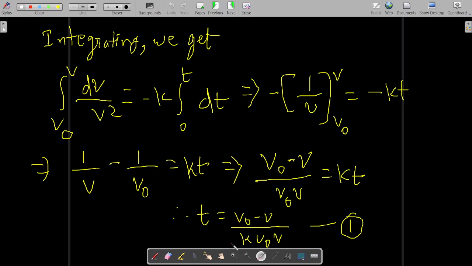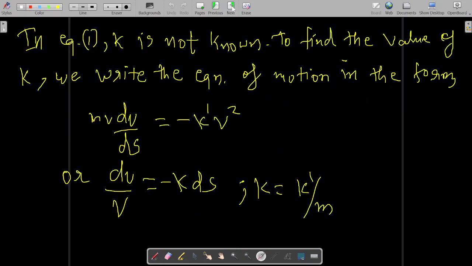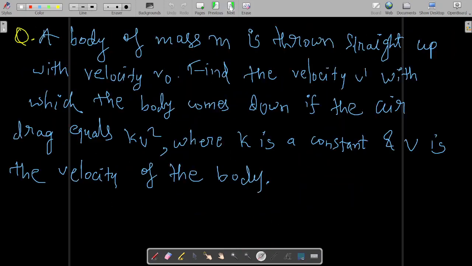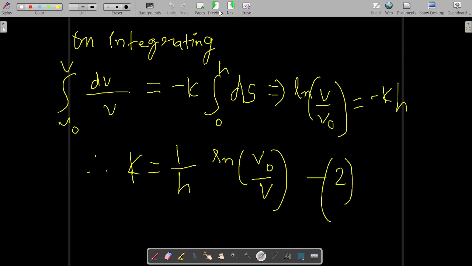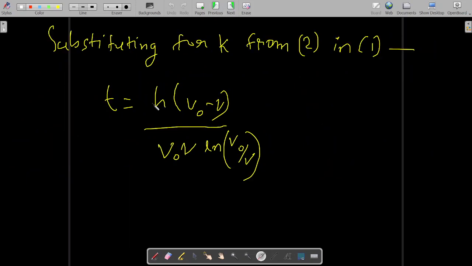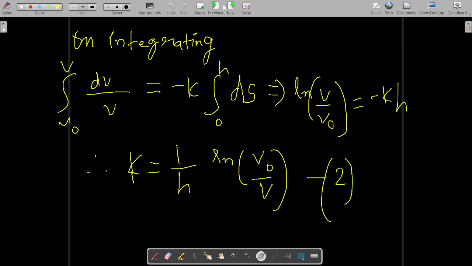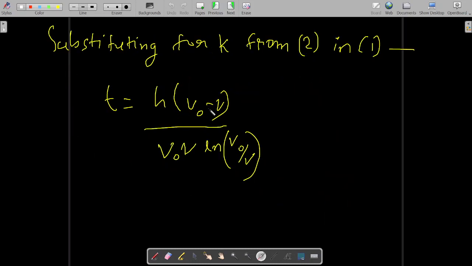So in the place of k, all these terms you can substitute. After you substitute them, what will you get? You get t equal to h into v naught minus v, divided by v naught v ln v naught by v. So this is the expression for time.